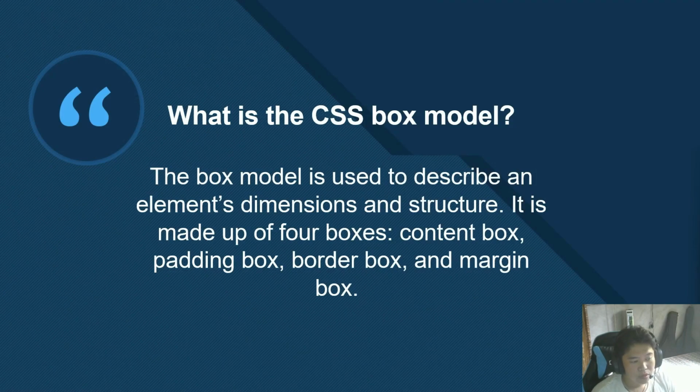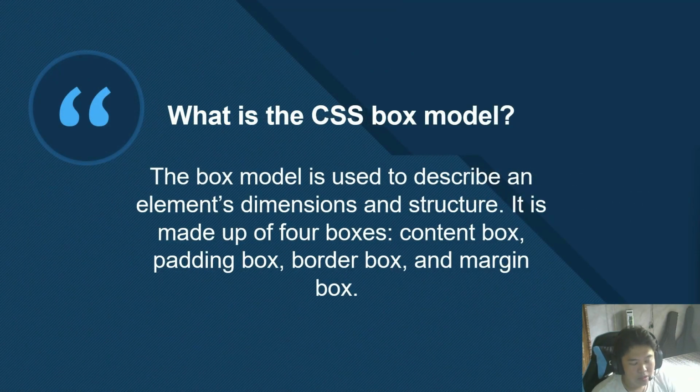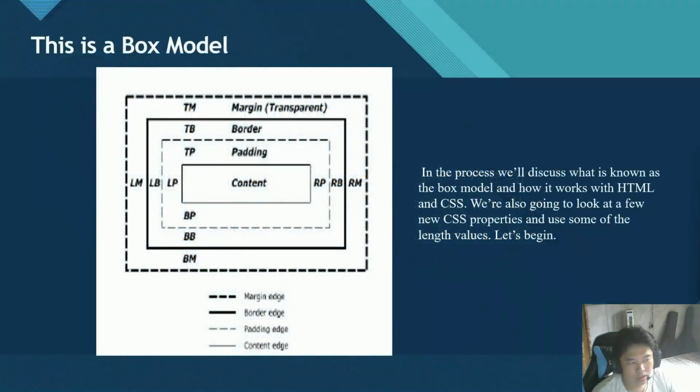Okay? So what is the CSS box model? The box model is used to describe an element's dimension and structure. It is made up of 4 boxes, as we can see here.